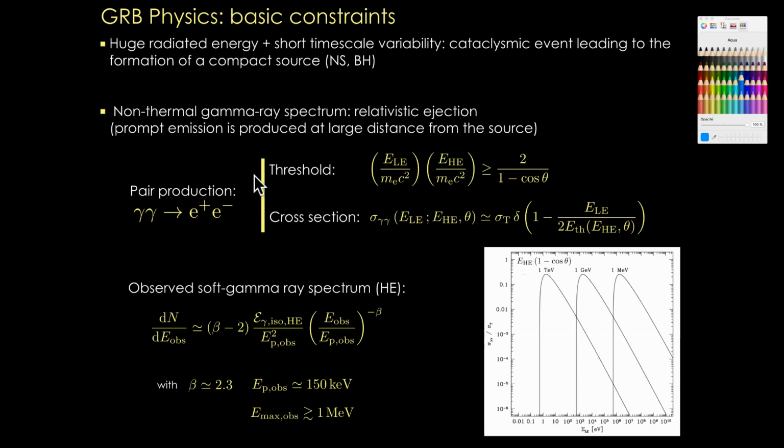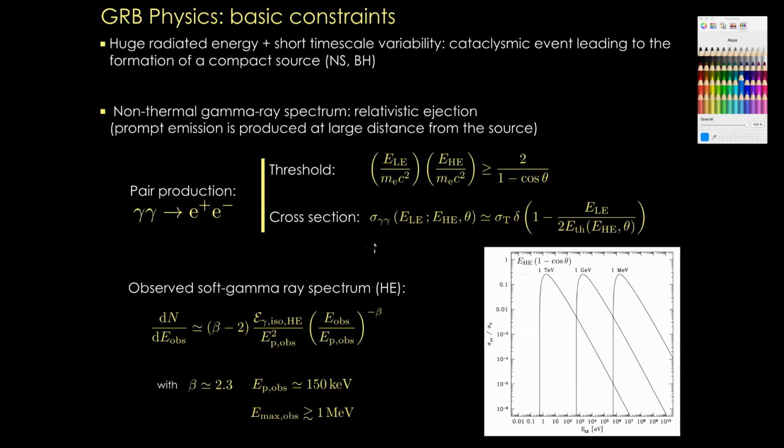So you remember that the pair production reaction gamma-gamma giving a positron plus an electron has a threshold, which is given by this relation. So the product of the two energies in unit of m_e c² should be larger than 2/(1 - cos θ), where θ is the interaction angle between the two photons.